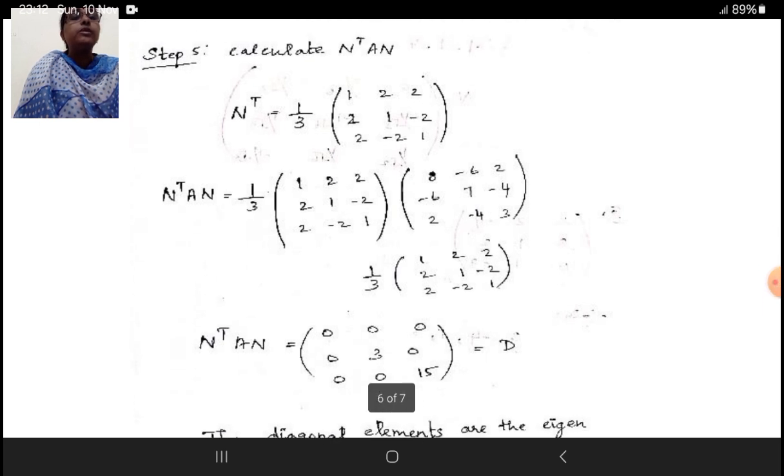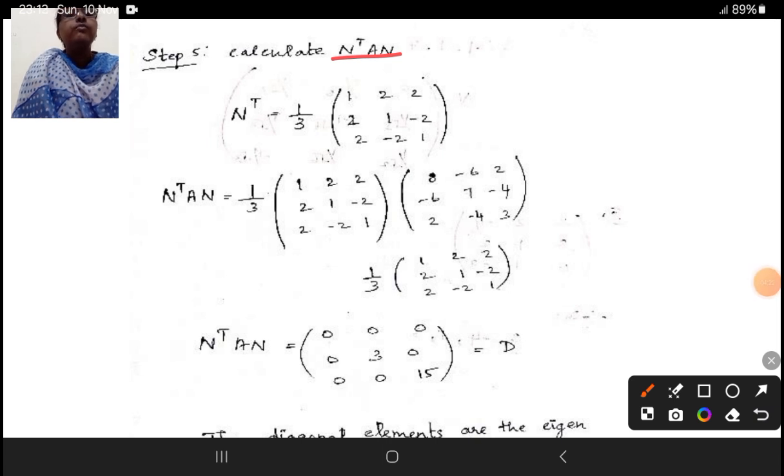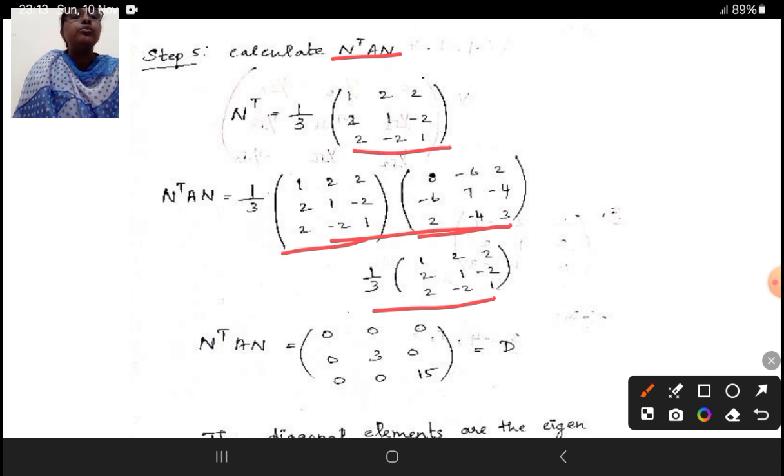The formula for the diagonalized matrix is N transpose A N. First we write N transpose, the normalized matrix transpose, then the matrix A, and then the matrix N. All three matrices we write together, and we multiply the first two matrices first, and then multiply the result with the third matrix.